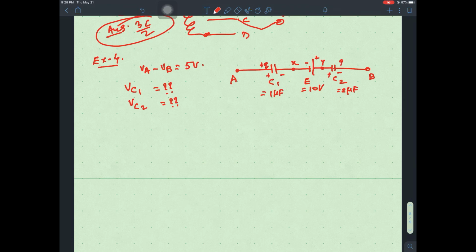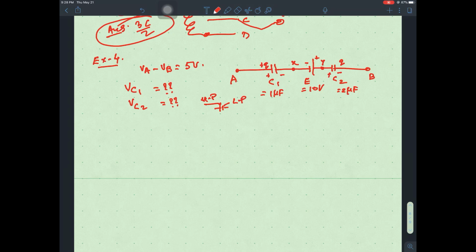So here also the charge will remain Q only. Why will it remain Q? Because in a single branch the same charge is there, this side plus, this side minus. In the battery, if I write it this way, it means this is at higher potential and this is at lower potential.